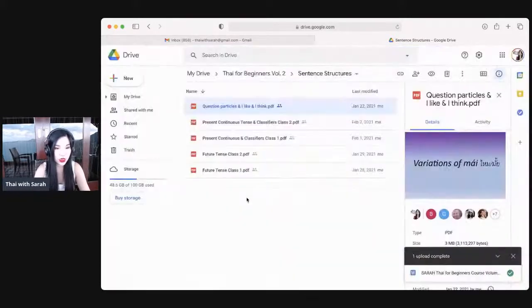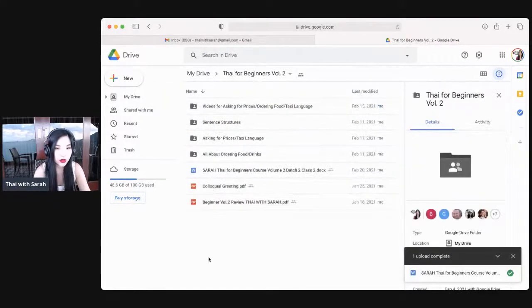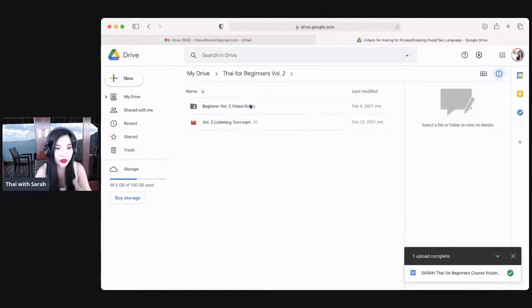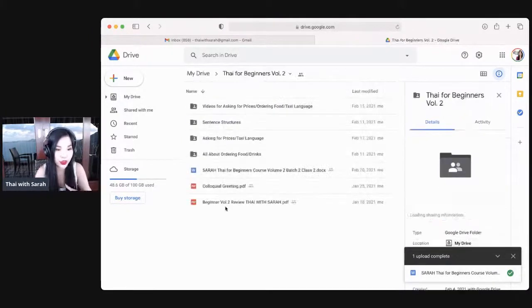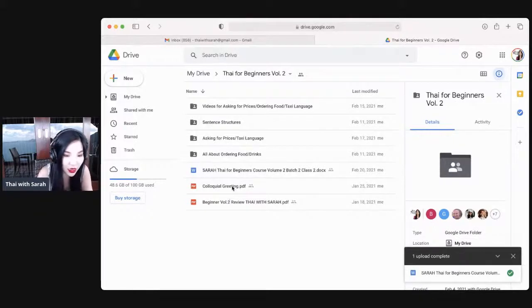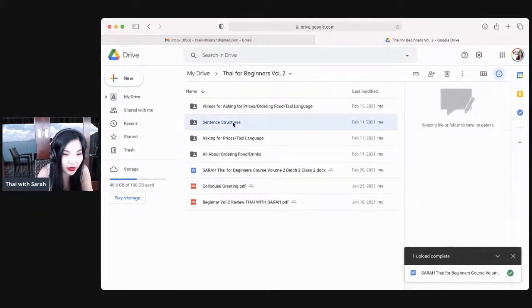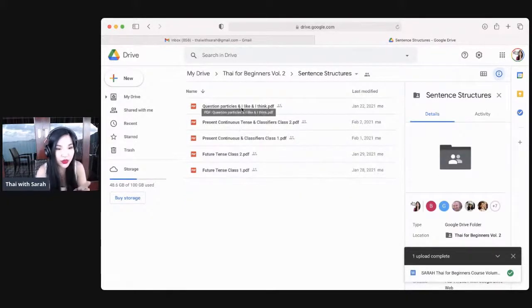Next, when you join my course, you will have access to this folder on my Google Drive. I have all of these well organized, and I have videos to learn together in class. Later on, after we learn structure and question particles, we're going to move on to present continuous tense in Thai.